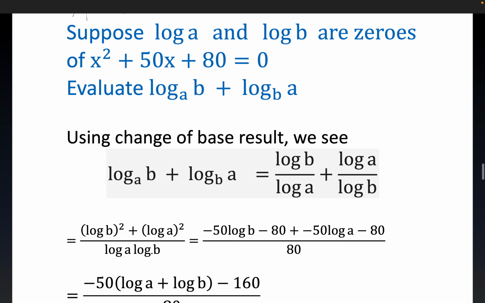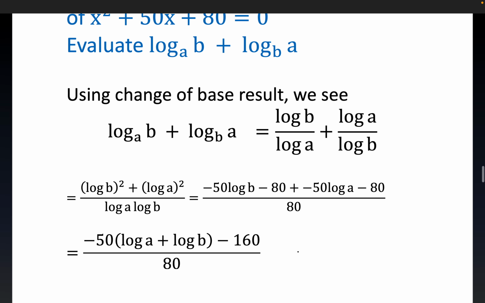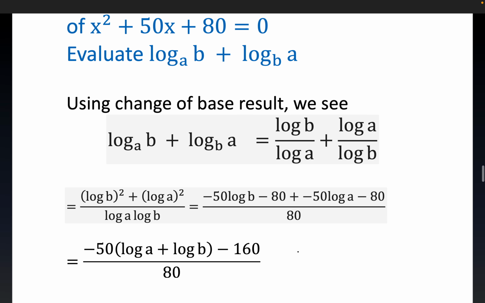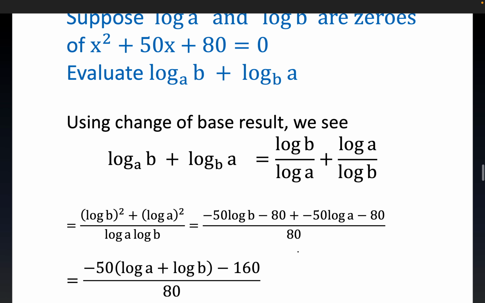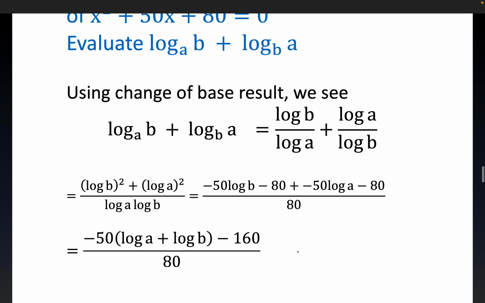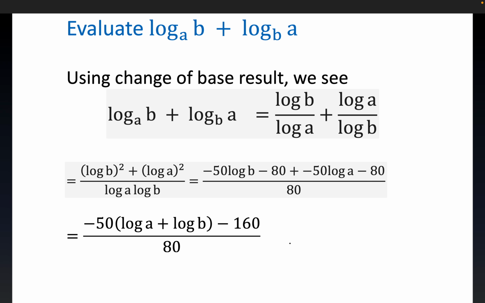Now notice that we have the product right here, log of a times log of b, and we already know that's equal to 80 from the original equation. Now, a little bit of algebra. We know that minus 50 presents as the coefficient of x, so we can write this as minus 50 times minus 50.